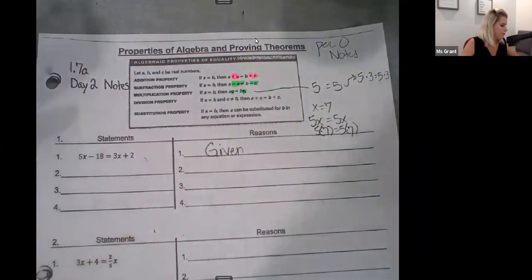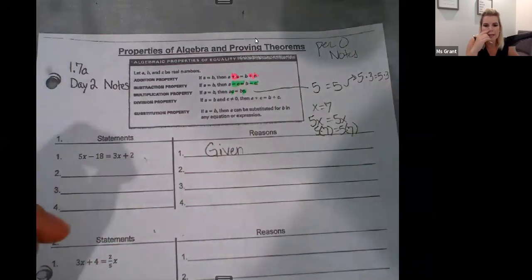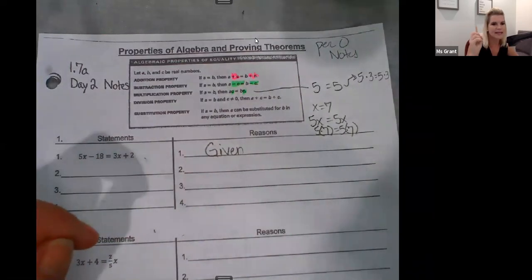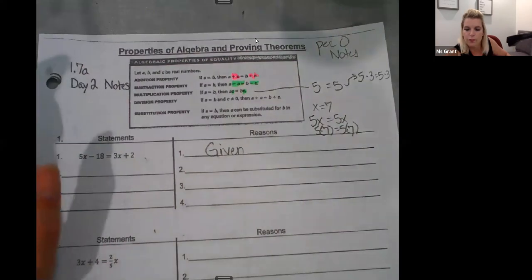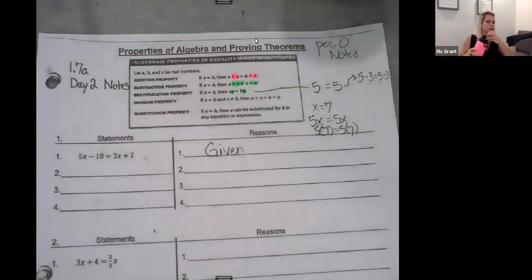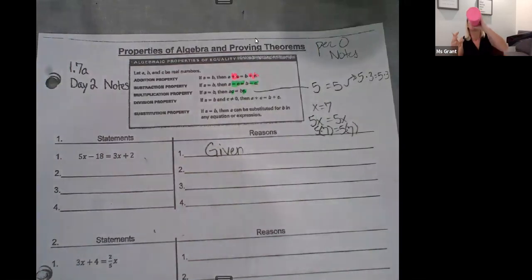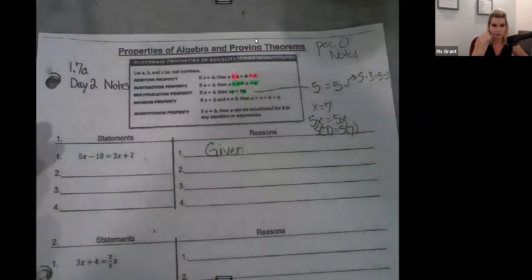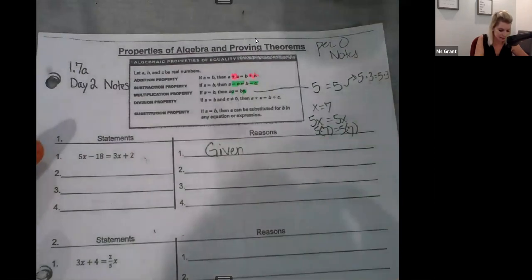Now let's talk about what's the next thing that we would do. Would you get the x's together? Would you get the 2 and the 18 together? What would you do first? Tessa. Subtract 3x to both sides. So here's what I'm going to get, guys.